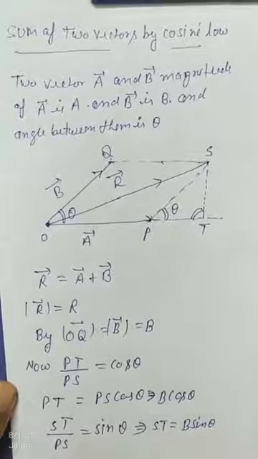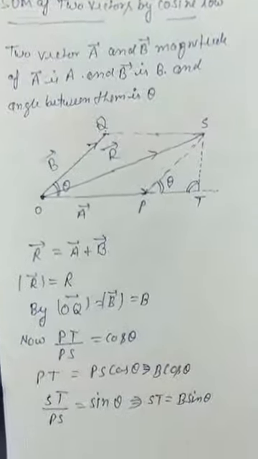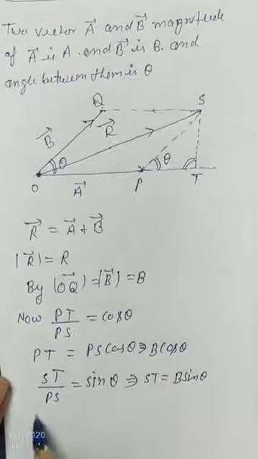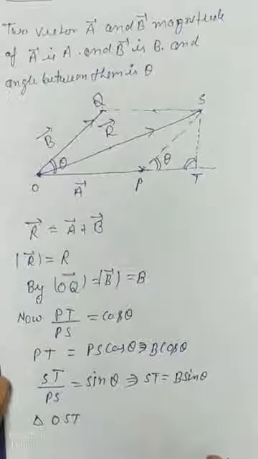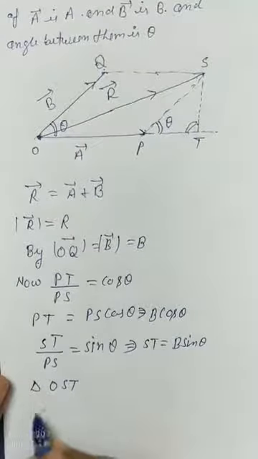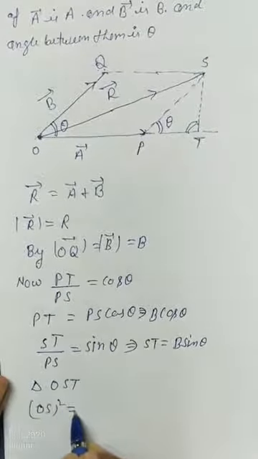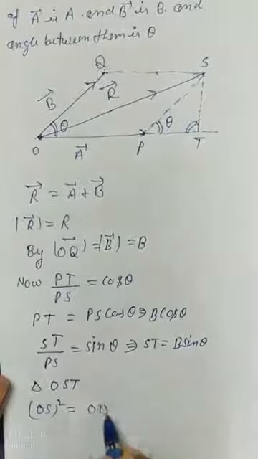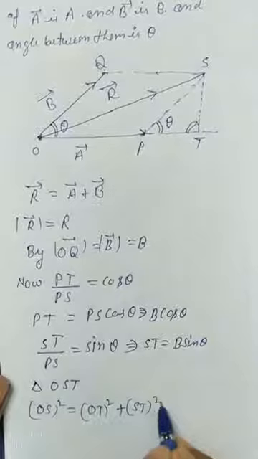Okay, and in triangle OST, this is a right angle triangle. OS square is equal to OT square plus ST square.